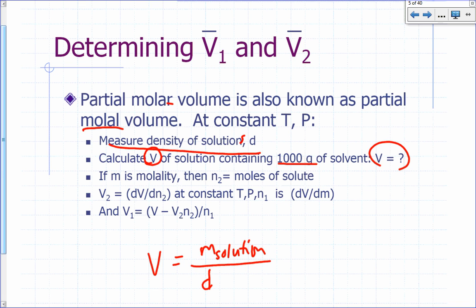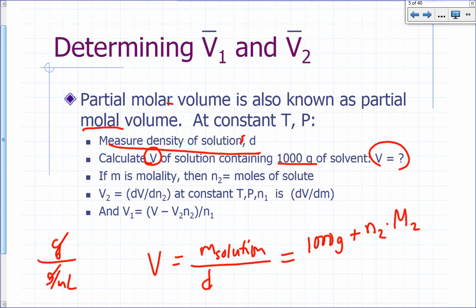So that's grams divided by grams per mL, which gives you mL. What's the mass of our solution? It's going to be 1,000 grams of solvent plus how much solute do we have? N2 is the moles of solute times the molar mass of your solute, which is M2.